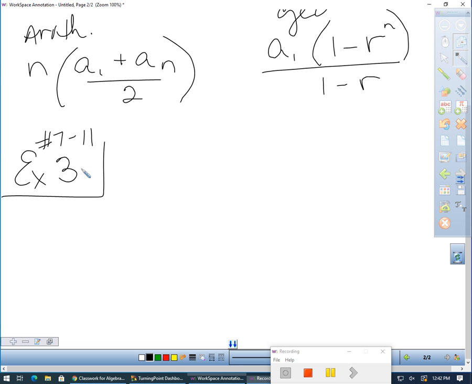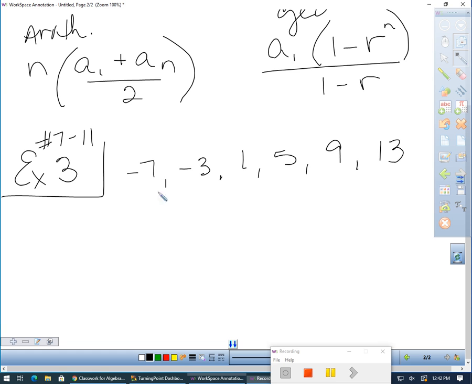So let's do something like negative 7, negative 3, 1, 5, 9, and let's go one more, 13. I'm giving you all the terms right now because I want you to plug in this formula and see how it works.